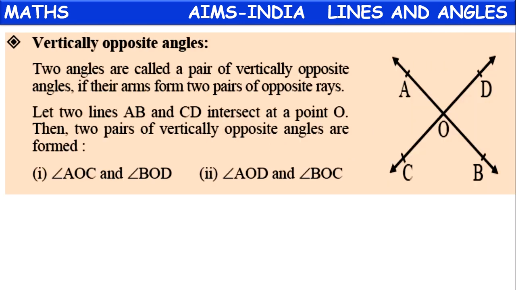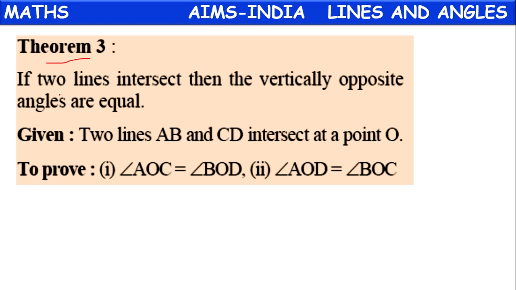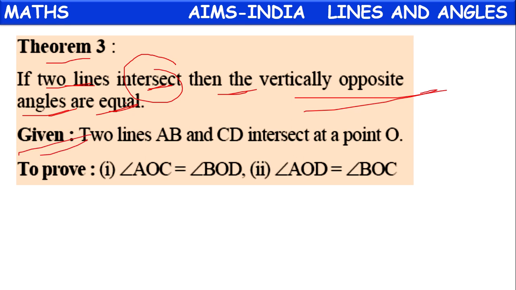Next one. Based on this concept, we have a theorem. If two lines intersect, then the vertically opposite angles are equal. So they have given two lines intersect. Let the lines be AB and CD, and let them intersect at point O. Then they are telling that vertically opposite angles are equal.